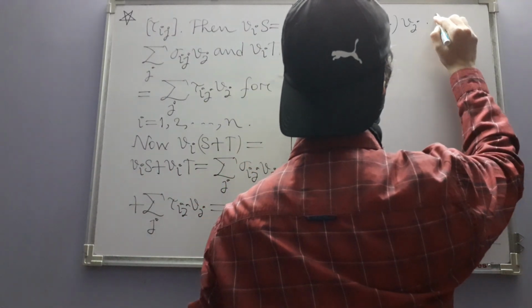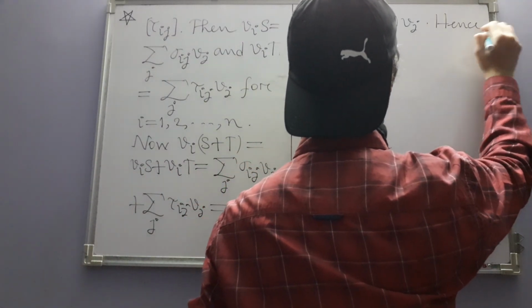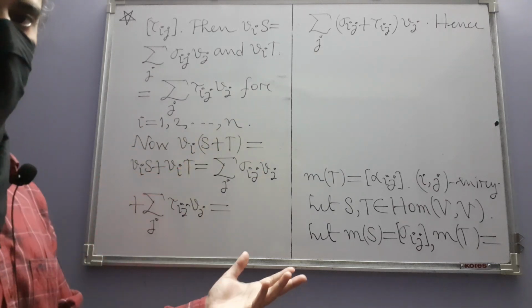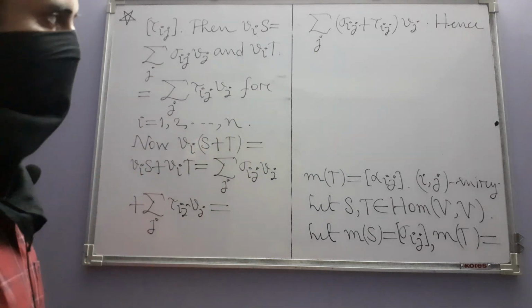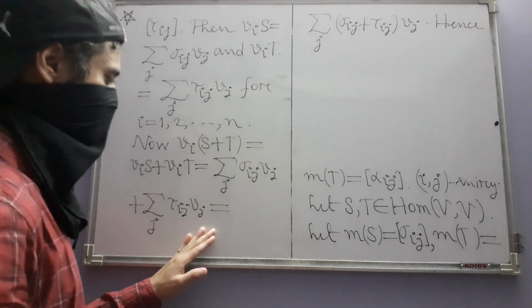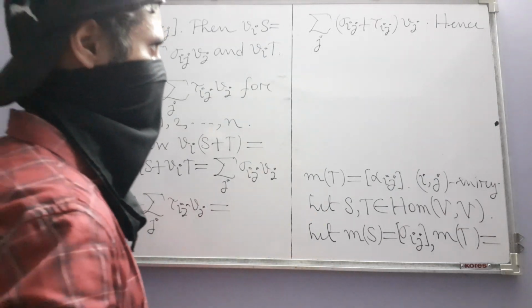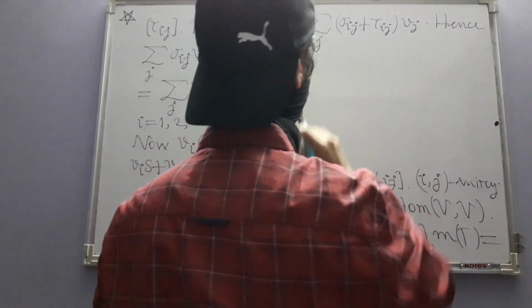Hence, and here of course i varies like this, that is understood, that also we are not writing. Whatever is understood and need not be mentioned more than once, we won't mention. That will save space and effort.